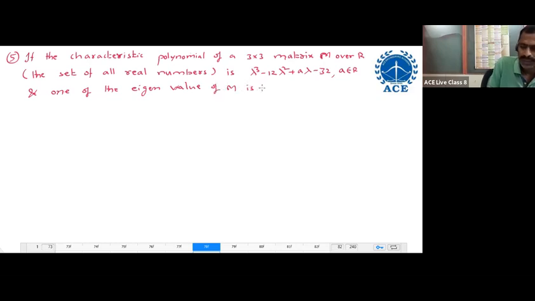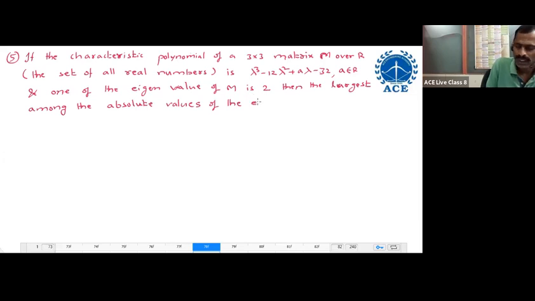the largest eigenvalue, the largest among the absolute values of the eigenvalues of M is.